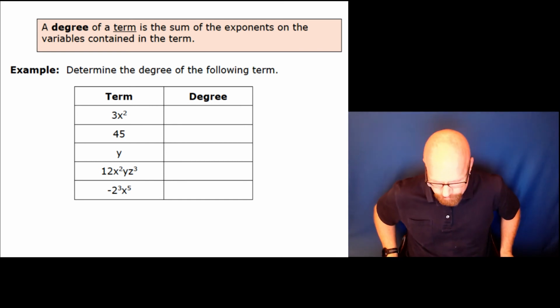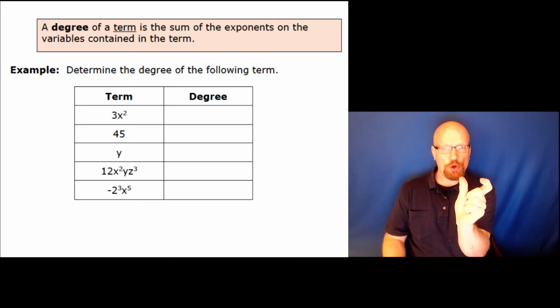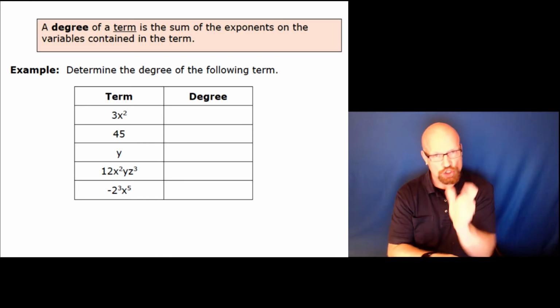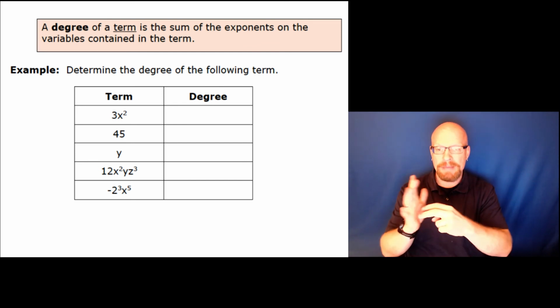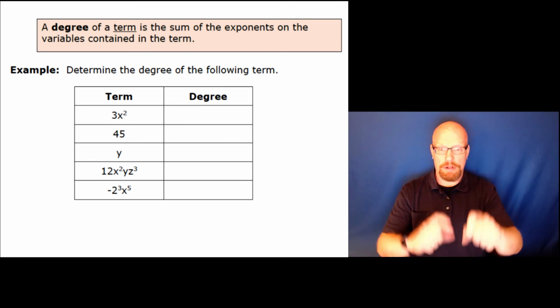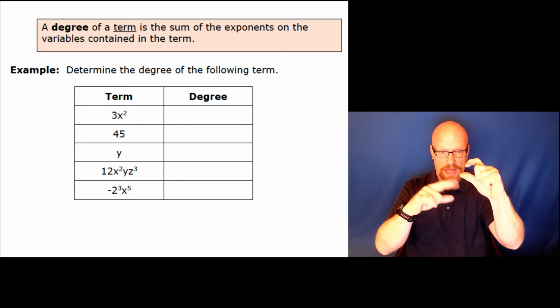Now, we're going to talk about degrees. The degree of a term is the first thing we're going to talk about. Now, just the term itself. The degree of the term relates to the exponent on the variable.